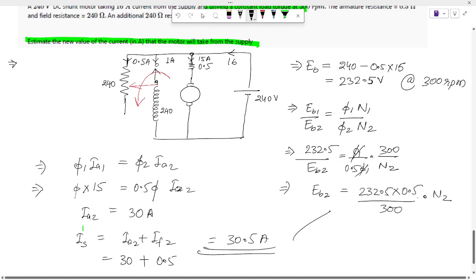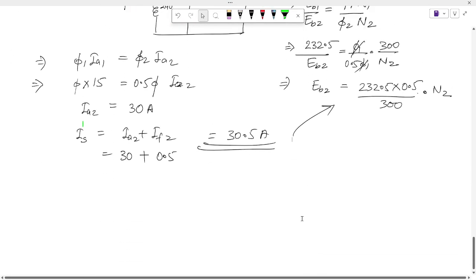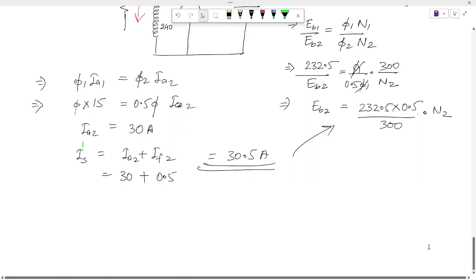Now they have asked, estimate the new speed. I have already found out the relation here.